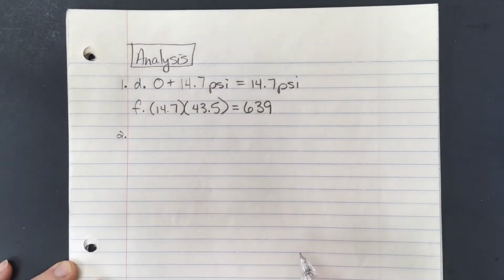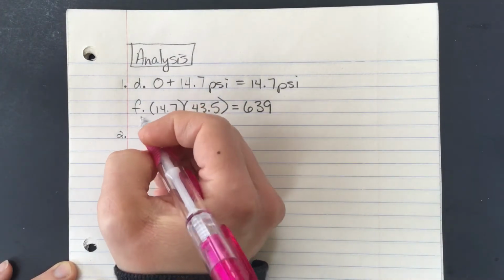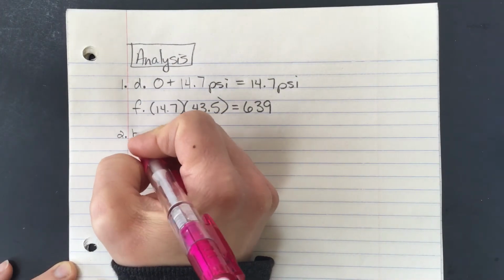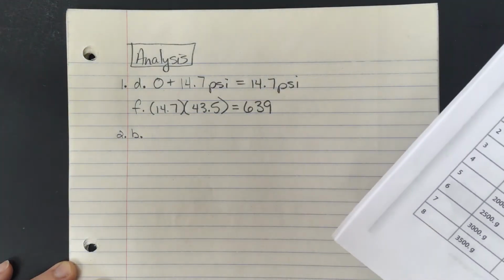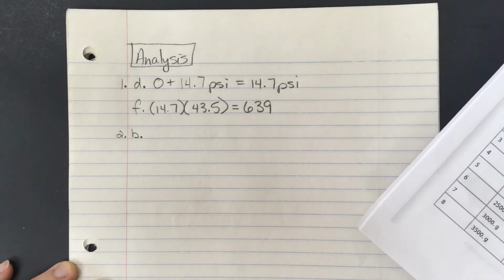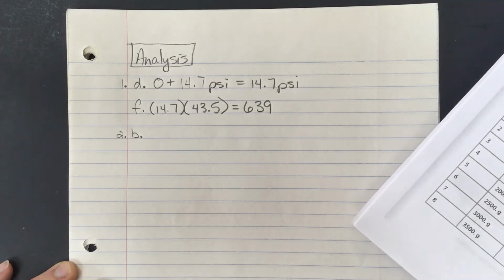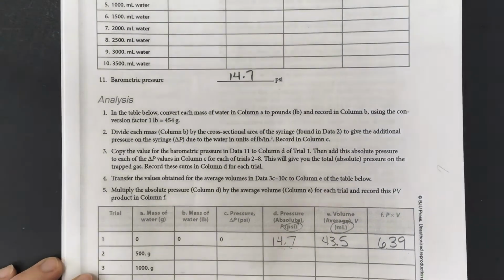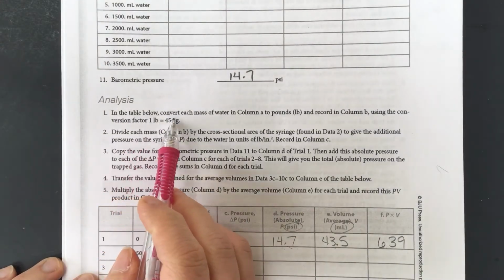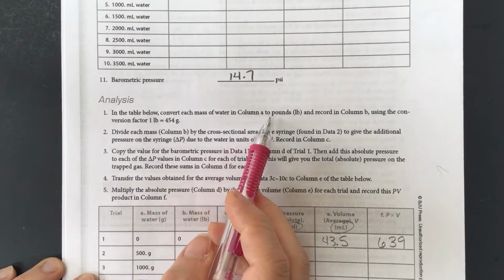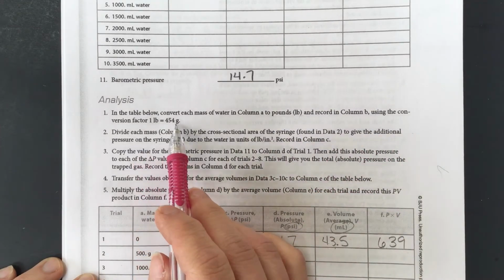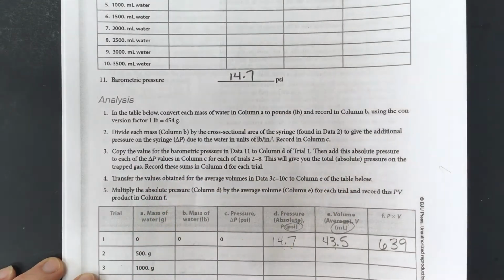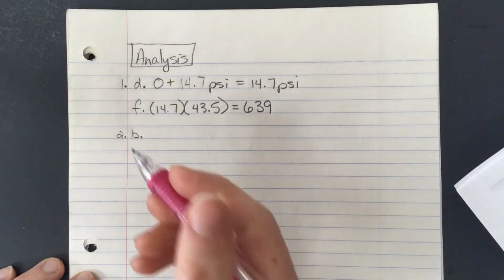So I'm going to write a number 2. And I am going to start with column B. So I'll label this B. And I need to find the mass of the water. Step 1 here under analysis says, in the table below, convert each mass of water in column A to pounds and record in column B using the conversion factor 1 pound equals 454 grams.